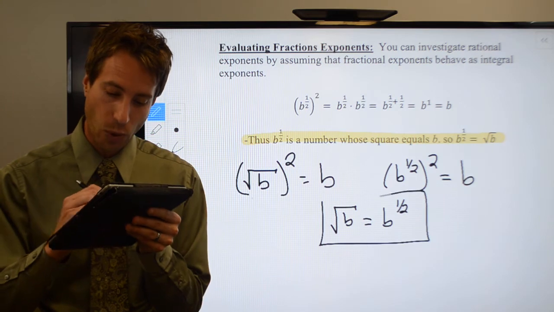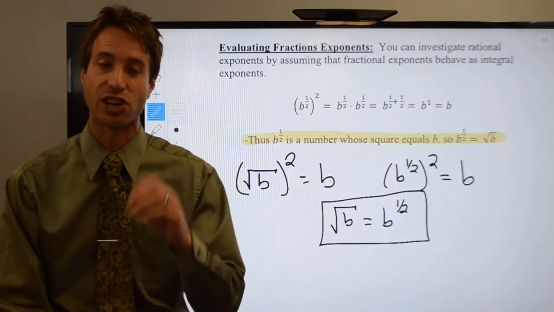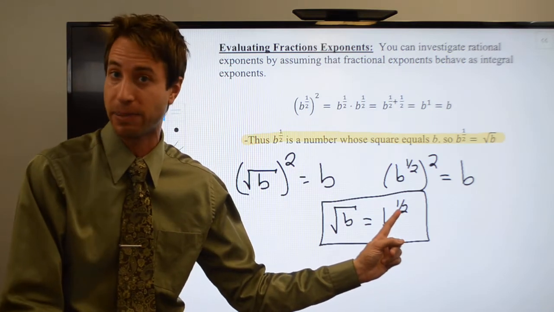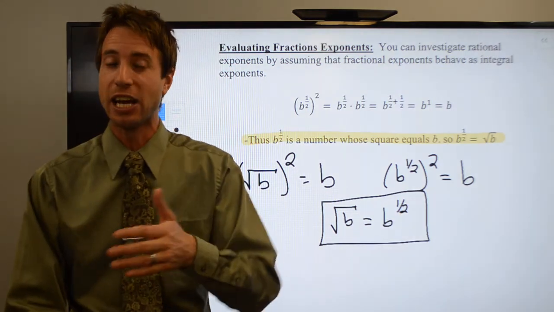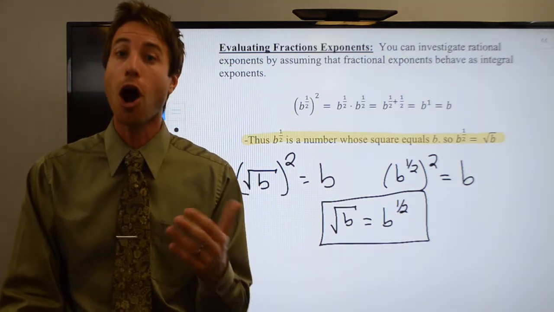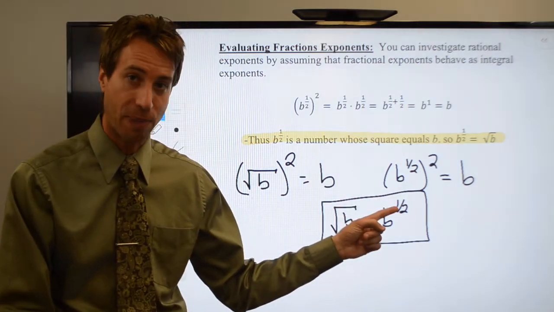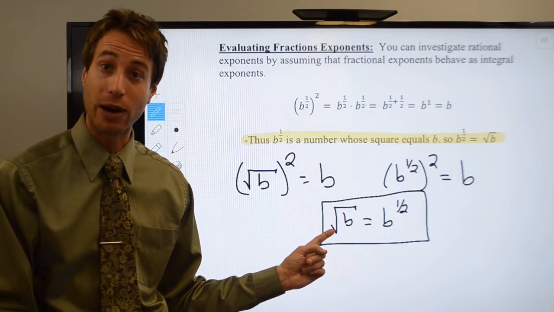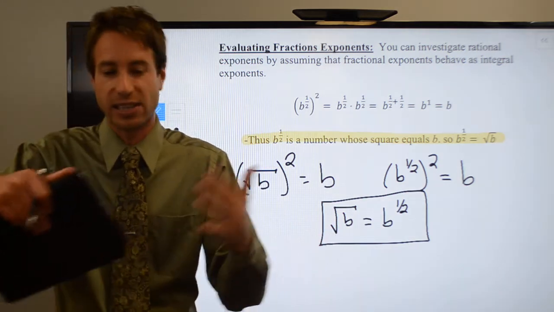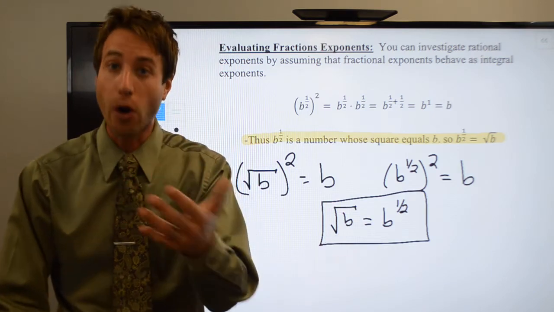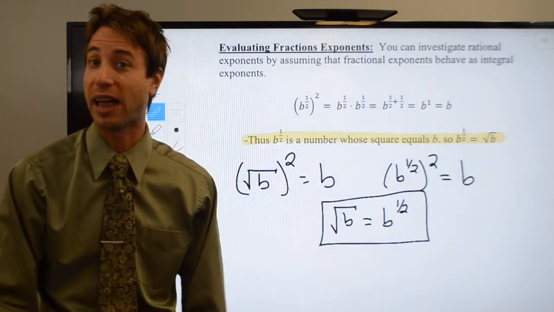And that's exactly what we're going to be looking at in this section. How rational exponents, a fractional exponent, b to the 1/2, is really just another way of writing a radical expression. It turns out the 1/2 power is a square root. It's just a different way of writing it. I can either write it as a radical or I can write it as a rational exponent.